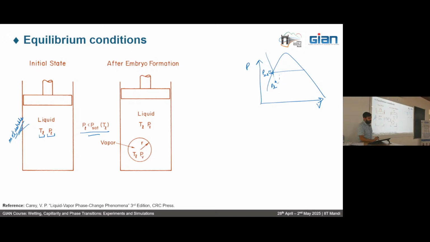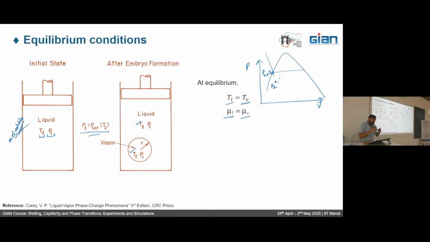Now we have an embryo, which is a very small vapor having the same temperature TL, because we are assuming equilibrium conditions, and it will have the same chemical potential. So we can see that mu L is equal to mu V and TL is equal to TV, where TL is the temperature of this superheated liquid, TV is the temperature of the vapor, mu L is the chemical potential of the liquid and mu V is the chemical potential of the vapor.